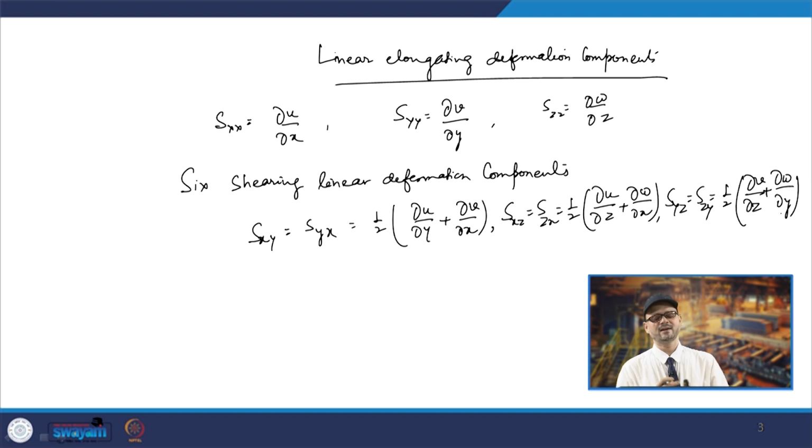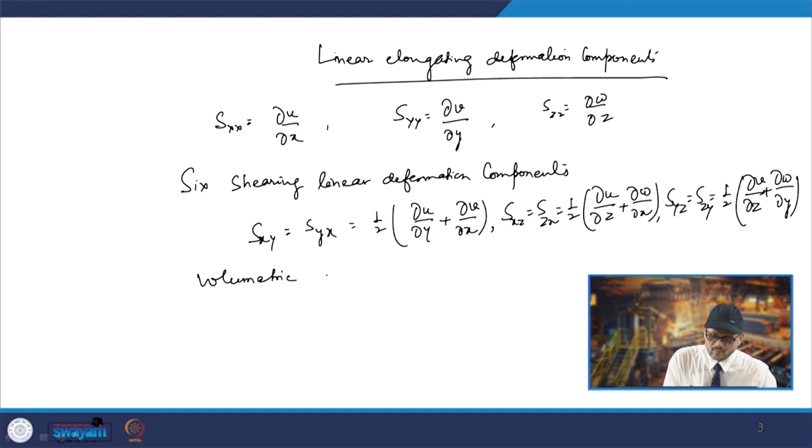Then these are deformation components. Then we have the volumetric deformation, which will be defined as dou u by dou x plus dou v by dou y plus dou w by dou z.